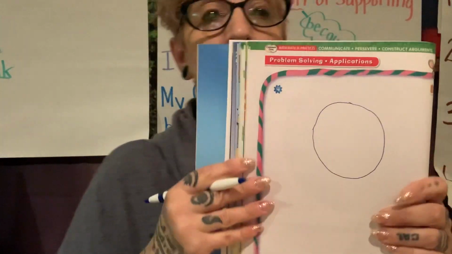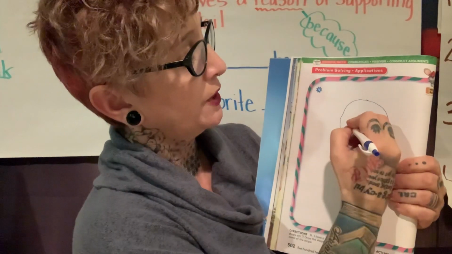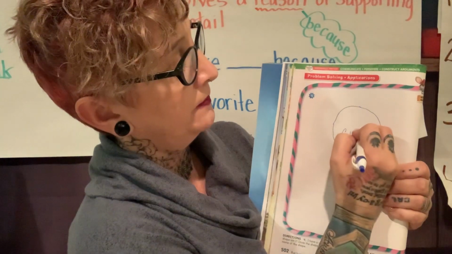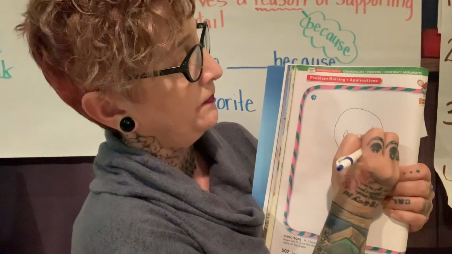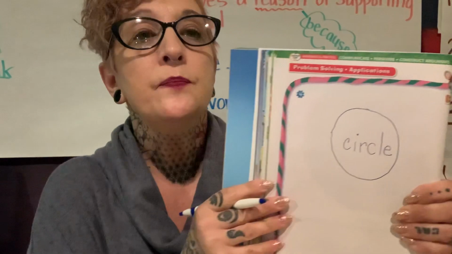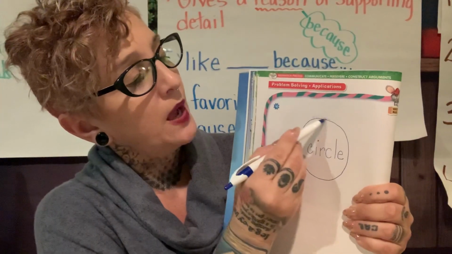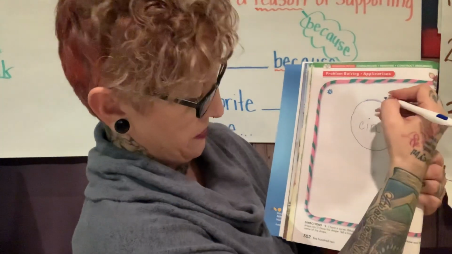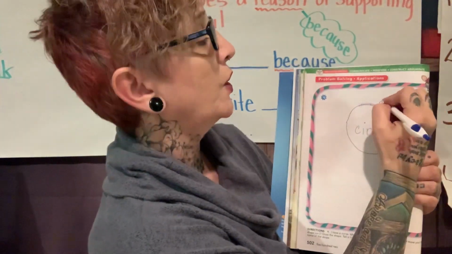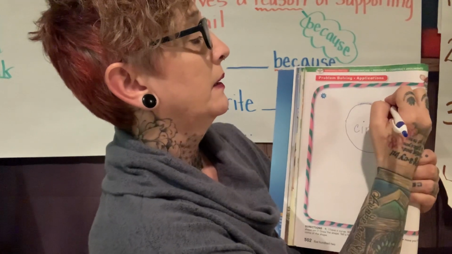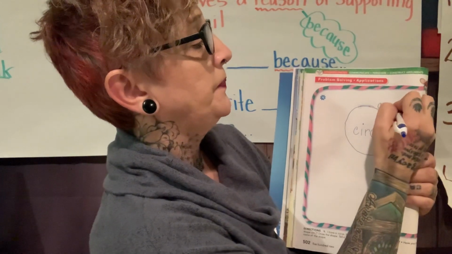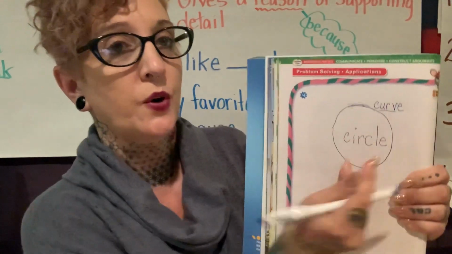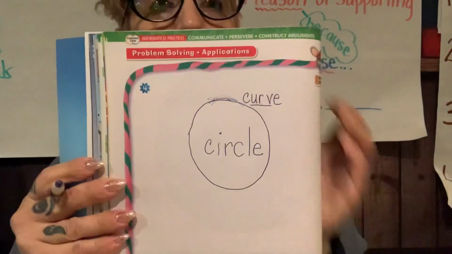Okay, so here's our circle. So we're going to write that in the middle. I'm going to write circle. Okay, and what do we call this again? What kind of line is this? Right, it's a curve. I'm going to write curve. I'm labeling curve. Okay, so there's our curve line, our curved line for our circle. Okay, so you can do that on your own.